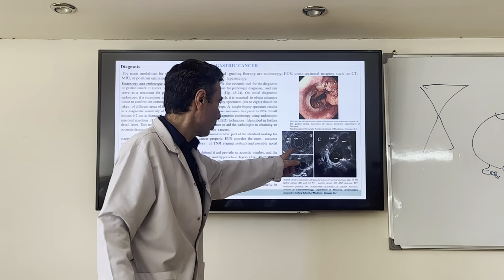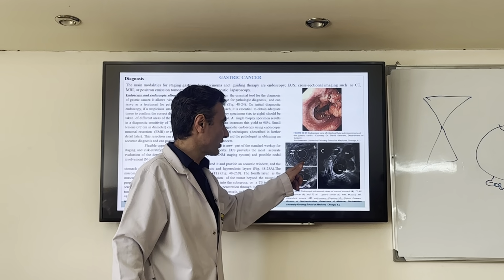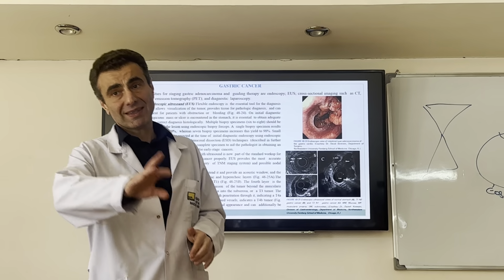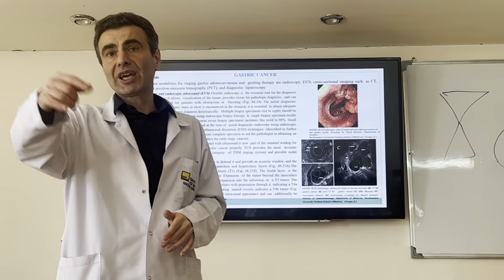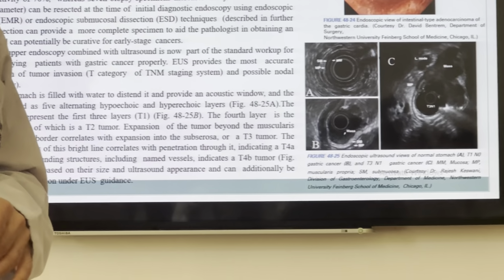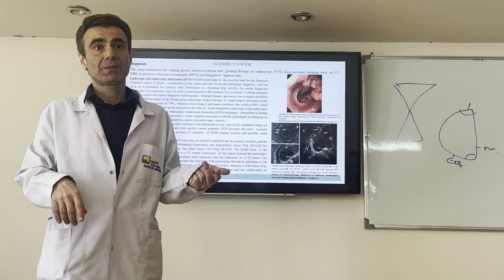You can see 1, 2, 3, 4, 5. The 4 first layers belong to the mucous membrane, submucous membrane, and together also muscularis mucosa. Last layer is together muscularis propria and serous membrane.